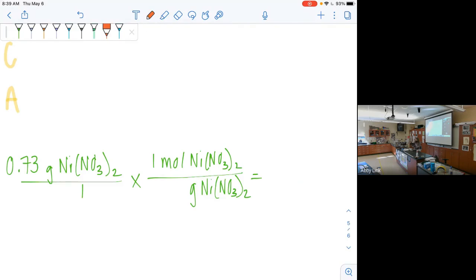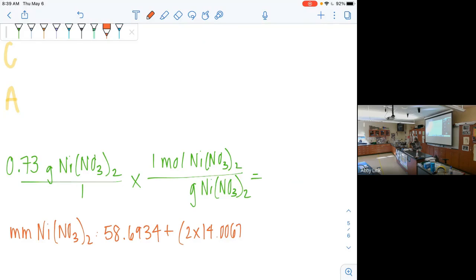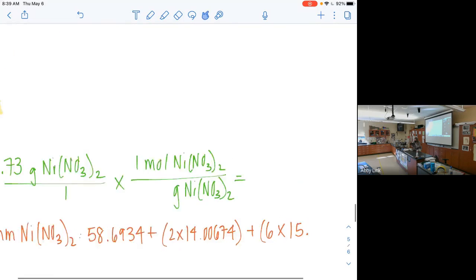We are going to need to calculate our molar mass. All right. We've got 2 nitrogens there once we distribute, and then 6 oxygens.